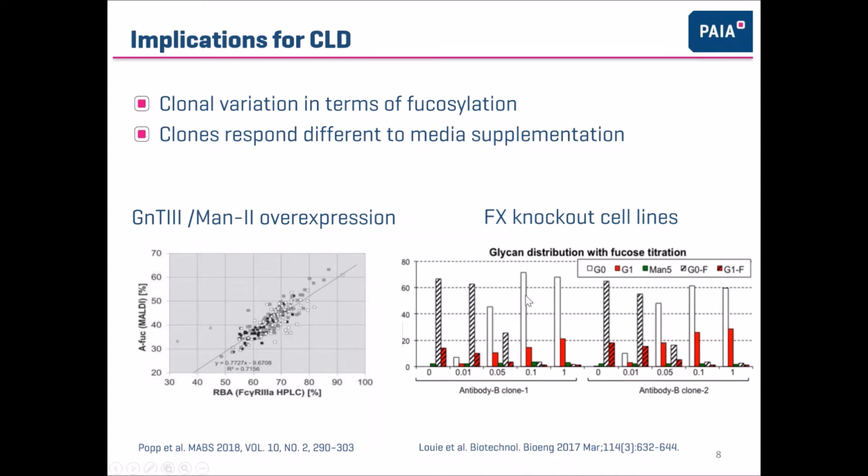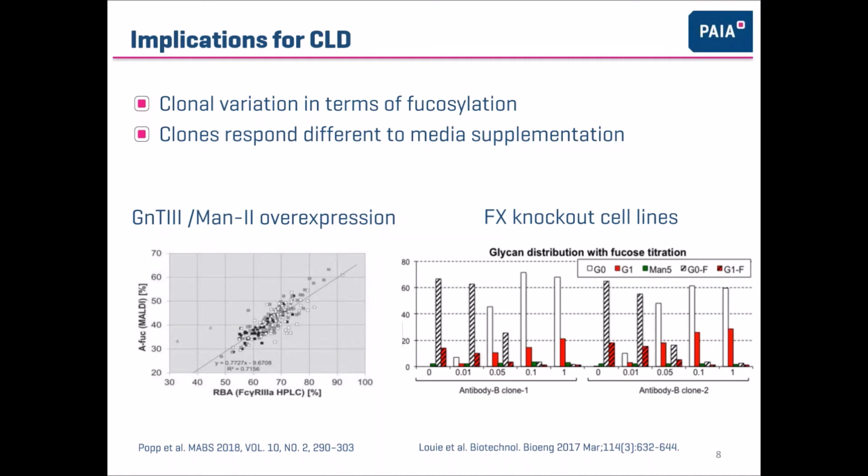So the general trend is kind of the same, but if you look at the red bars here, you can see they respond kind of differently. So also in terms of media compositions, clones react differently.